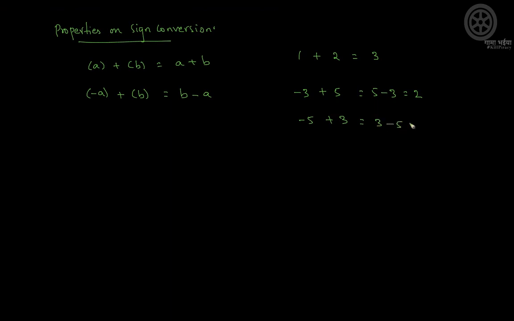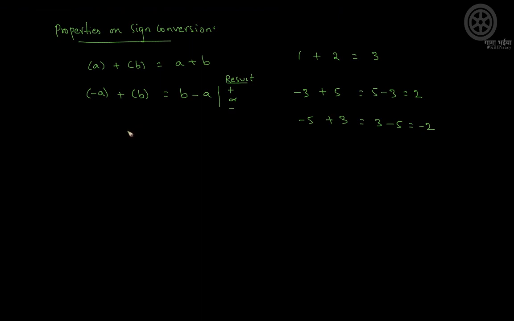So 3 minus 5 gives minus 2. So the result might be positive or negative, because if b is greater, you will get the positive value, and if b is lesser, you will get the negative value.